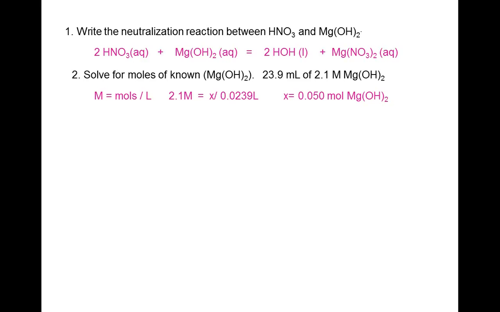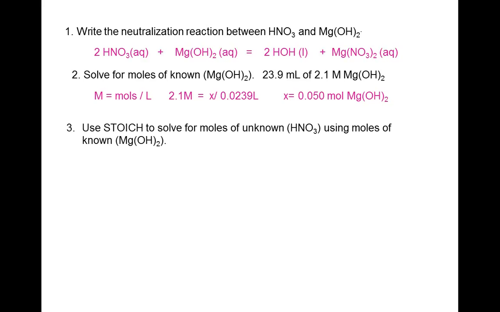Okay, so you'll recall the third step is to do stoichiometry. We're going to solve for the moles of the unknown using the moles of the known. So I'm going to start my T-chart with what I just solved for, the 0.050 moles of magnesium hydroxide. And then I'll know the molar ratio from the balanced equation that we did up in step 1. And then we'll go ahead and solve for that.